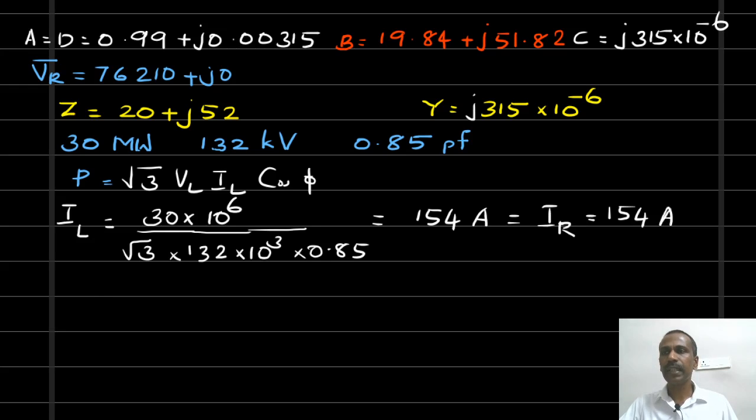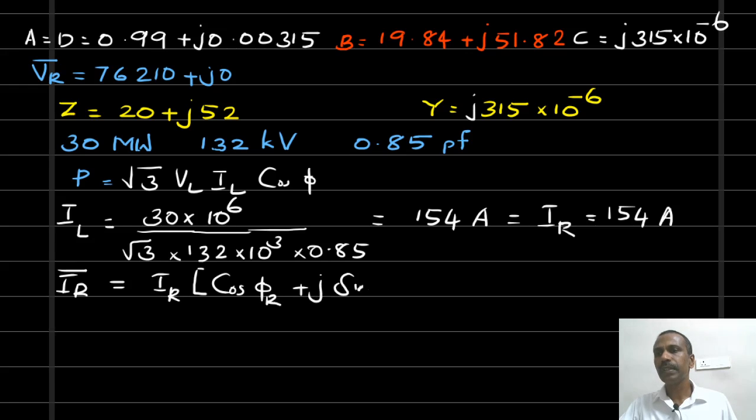We have to write this receiving end current in the vector form. IR vector is equal to the magnitude into cos phi r plus j sin phi r. Here the receiving end power factor is 0.85. From this we can find out phi r, the receiving end phase angle. It is 31.78 degrees. As the power factor is lagging in nature, this is negative.